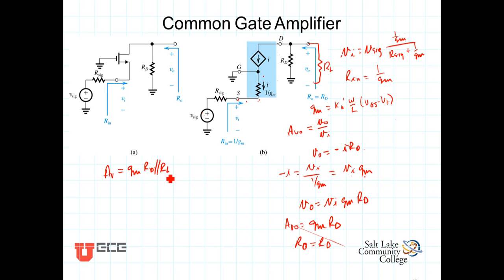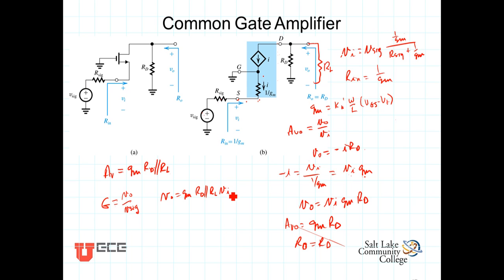We can calculate the overall gain G, which is equal to v_out over v_sig with the load resistance connected, by writing the expression for v_out. v_out is equal to g_m times the parallel combination of R_D and R_L times v_in.